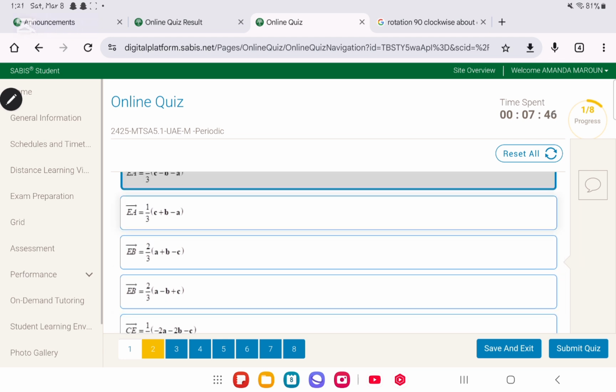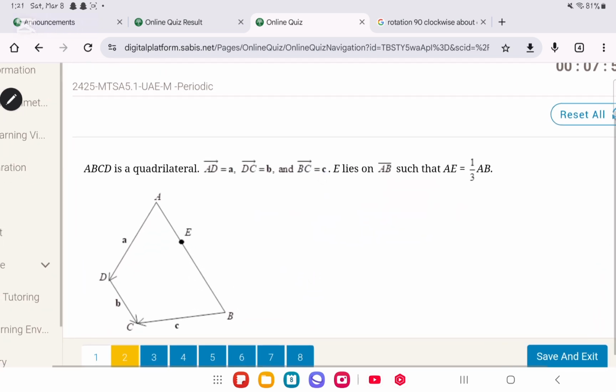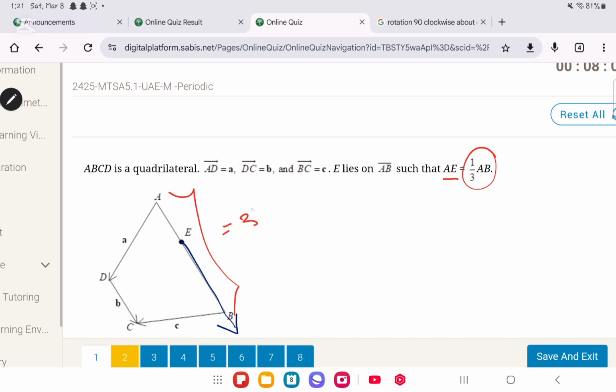Now the next thing they want us to find is EB. Let us find EB together. First of all, we know that AE is a third of AB. This means that all of AB is equal to 3, AE is equal to 1, and this leaves EB to be equal to 2.